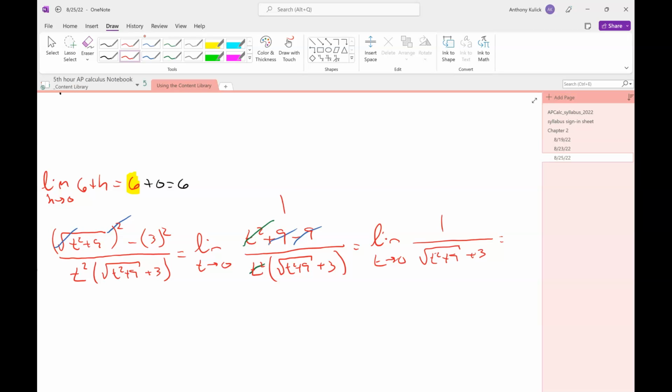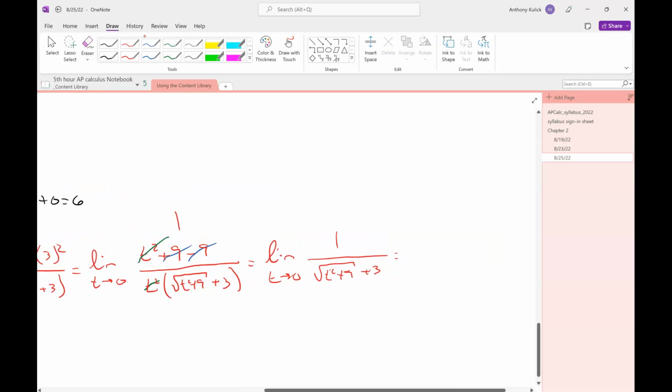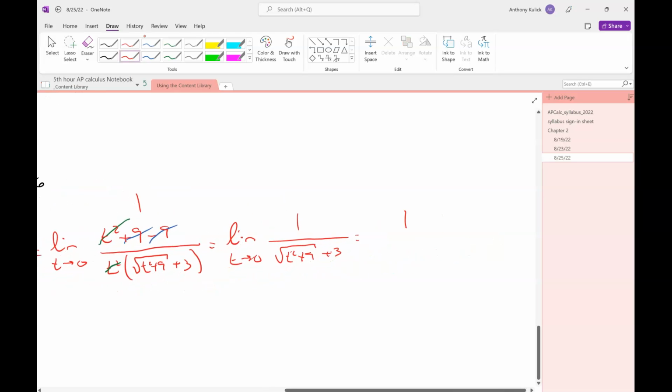If I plug 0 in now, do I get undefined? No way. I'm good to go. So notice that the limit has gone away because I've plugged 0 in, and my answer is 1/6.